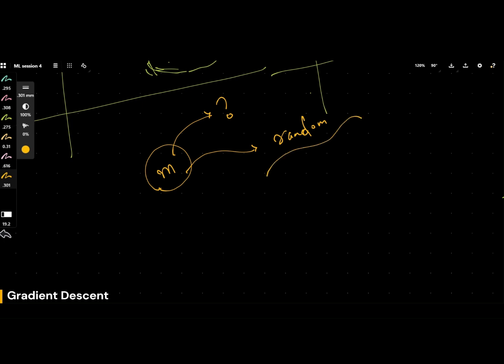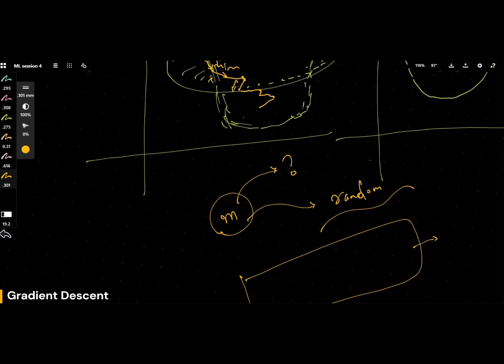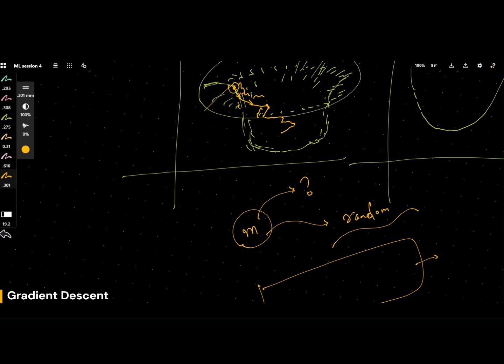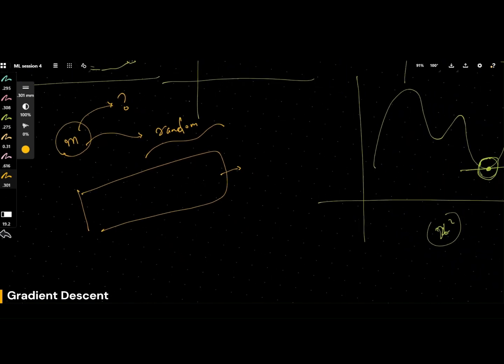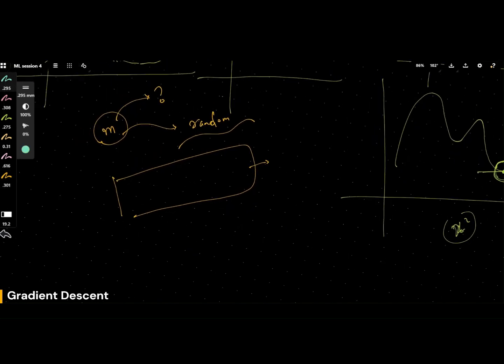Every time you train the machine to decrease the loss, the machine decreases its m.